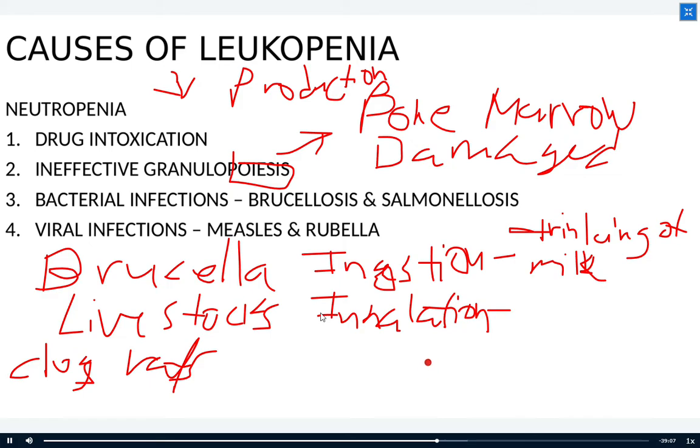Now, your brucella, class, once it enters the body, they would get phagocytized by your neutrophils. Pero ang problema kasi, class, kay brucella, kapag na-phagocytize na siya, imagine ito yung neutrophil, andito yung mga lobules niya. Then ito si brucella.